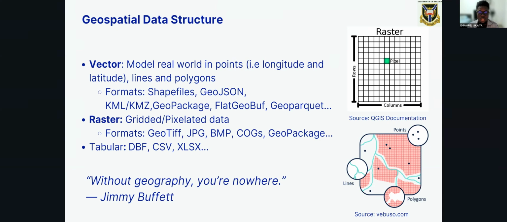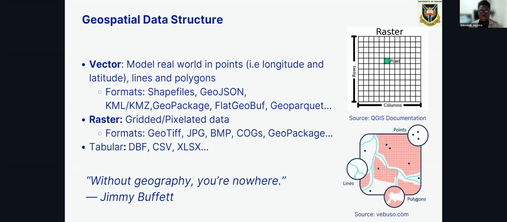But in the GIS world, we have two major ways we store data sets, which are vector data and raster. All these data sets still have location components. It's just that the structure in which they are stored is different. So vector is more like a way we represent the real world.